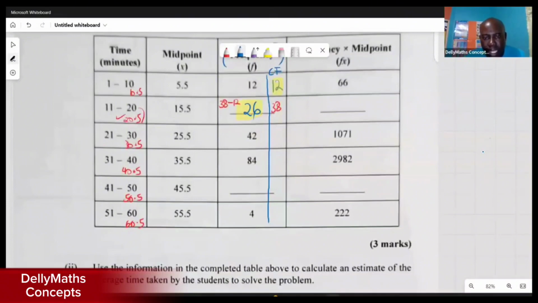In order to find this one here, I need a cumulative frequency there and a cumulative frequency there, and subtract them. I'm going to use 40.5 to find one here, 50.5 to find one here. And when I subtract, I get the frequency.